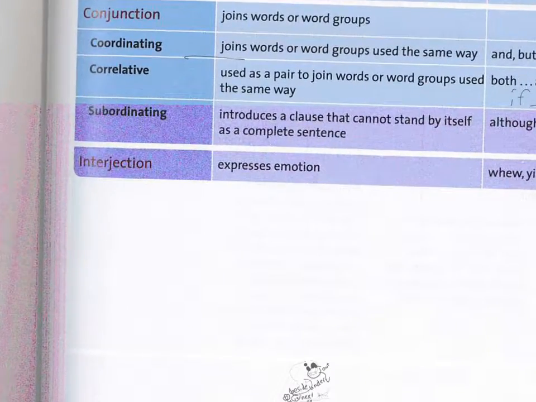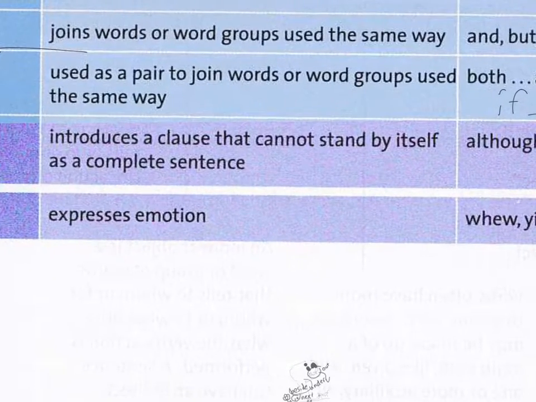Subordinating conjunction. I'm sure you know the root word sub, meaning under. Okay, this is important in our next unit when we look at, again, sentence types, whether a clause is dependent or independent. A subordinating conjunction will make a clause dependent. Okay, and here we see that it introduces a clause that cannot stand by itself as a complete sentence.